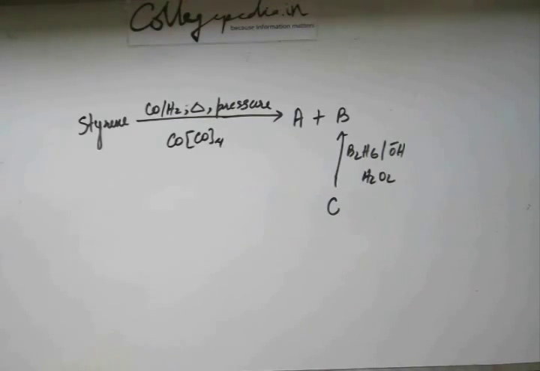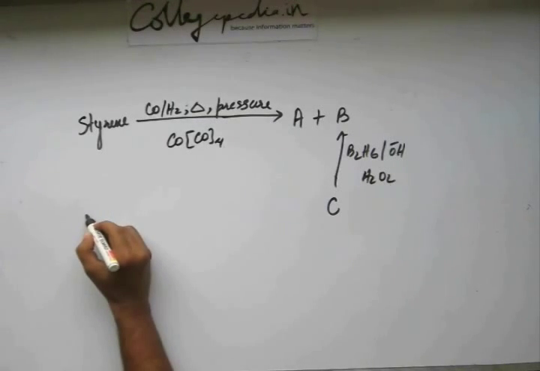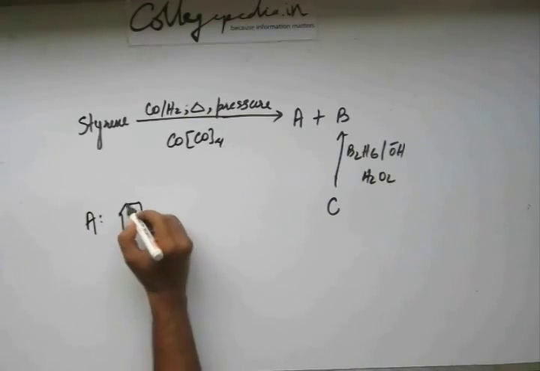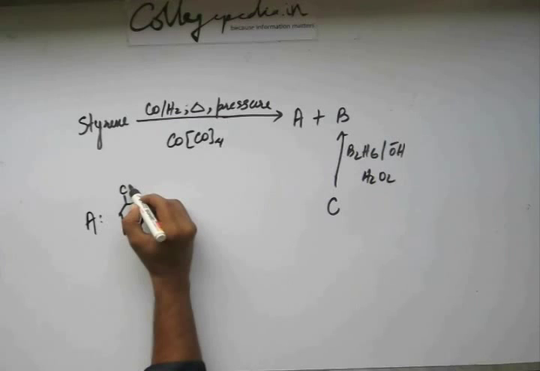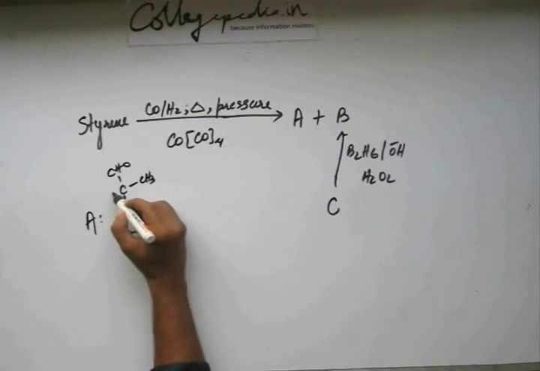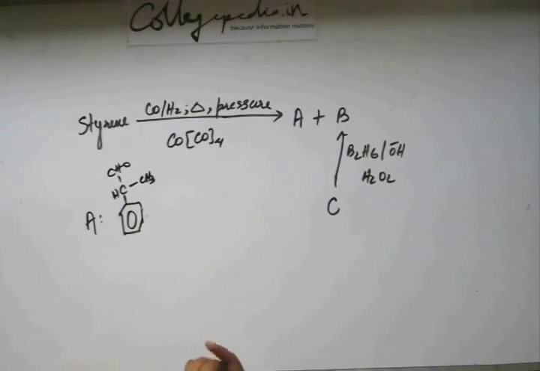Considering that you people are smart, I'm directly drawing A, B and C. This is what I think A should be.